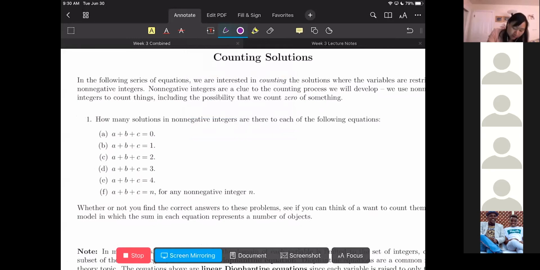Yeah, so there's just one, which is if I write the solution as a, b, c, they all have to be 0. So just one. What about b, which is a plus b plus c equals 1? 3. Yeah, so you could have 1, 0, 0, or 0, 1, 0, or 0, 0, 1. So this gives us 3.